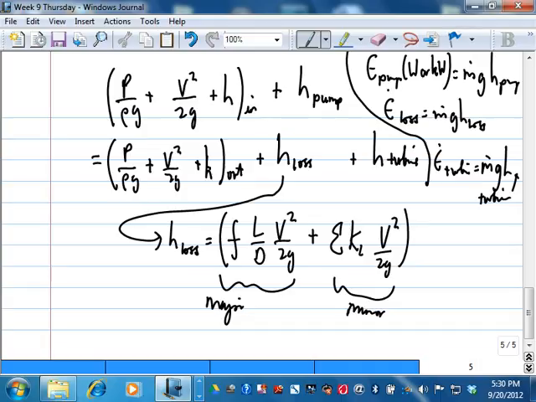If it loses 2 units of kinetic energy, the K_L will be 2. If it loses 0.5 unit, then it will be 0.5. This V is the velocity in the pipe. It could be different from the velocity coming in and going out. V is velocity in pipe.